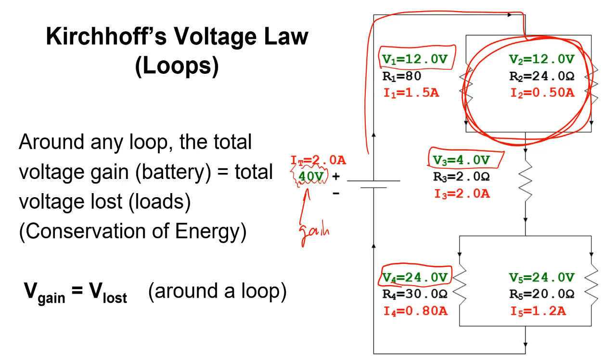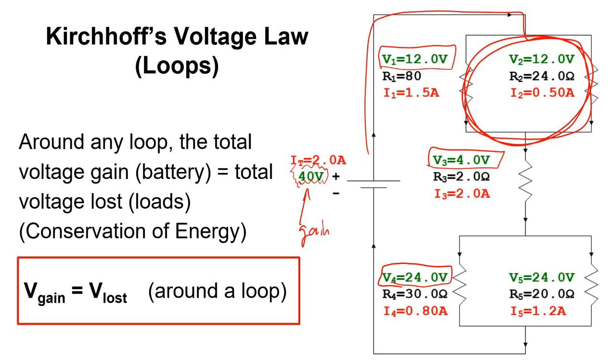Okay, in short, V gain is equal to V lost around a loop. And again, whenever you hear me talk about V gains, this is from a battery. Whenever you hear me talk about voltage lost or voltage drops, this is around electric loads or resistors.